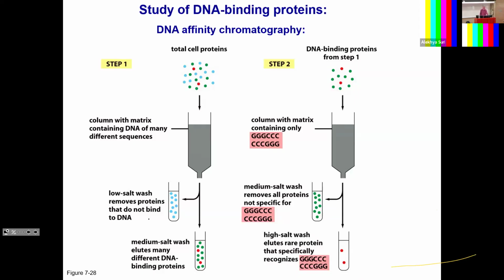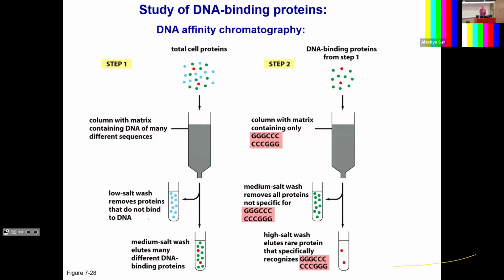So low salt, when you have a low concentration of, for example, sodium chloride, something that's loosely associated with the column material will be removed. So, for example, if a cytosolic protein that doesn't see any DNA is bound now to the column material, that shouldn't be.